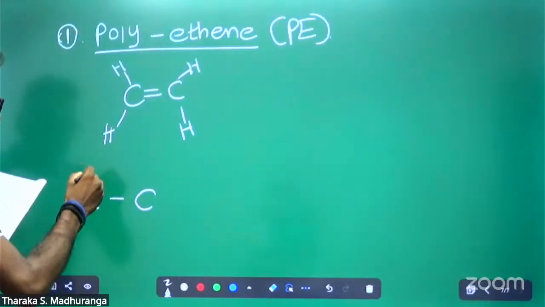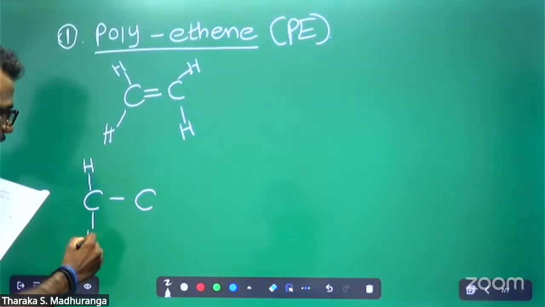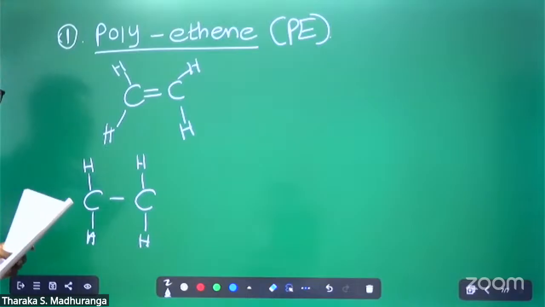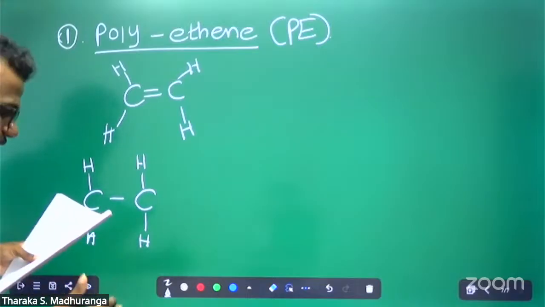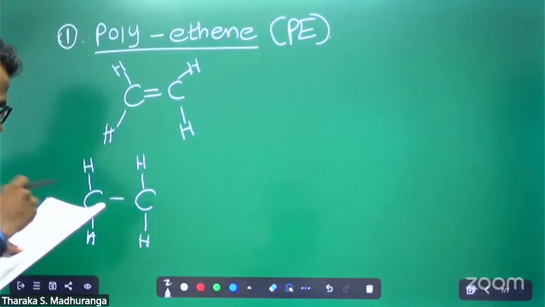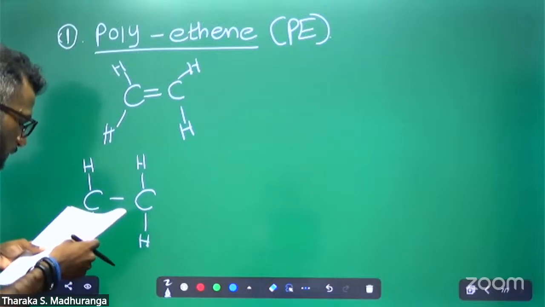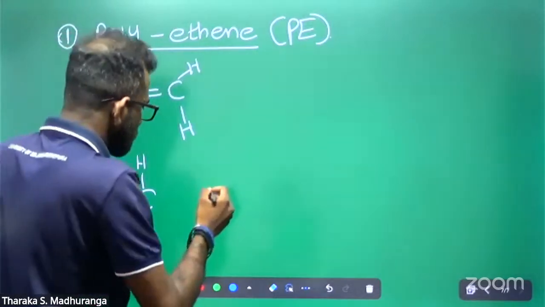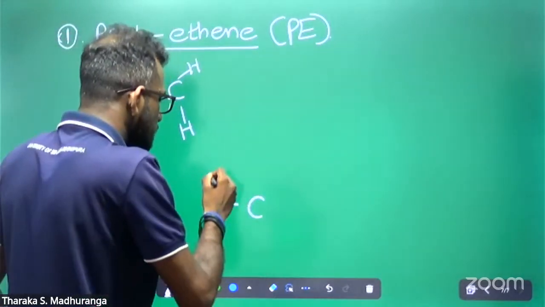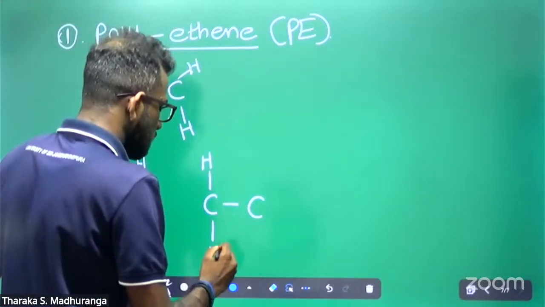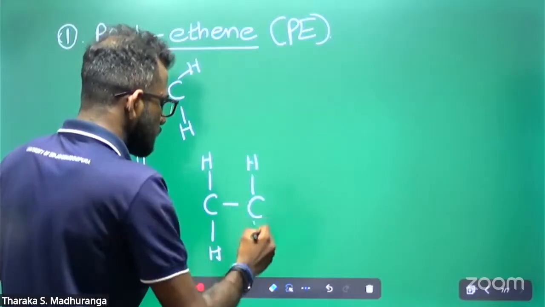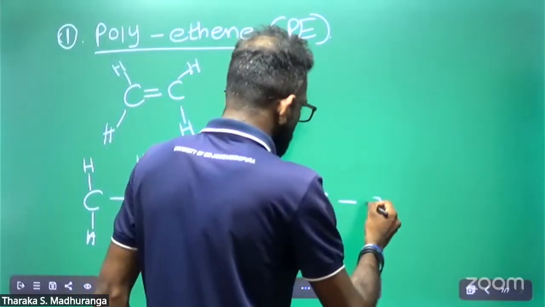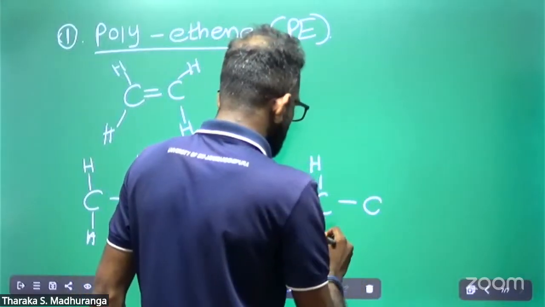This is the ethene now. The double bond breaks down. Then think this is another ethene, and another ethene.